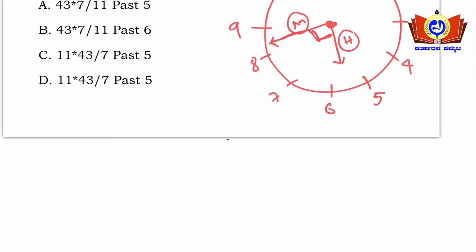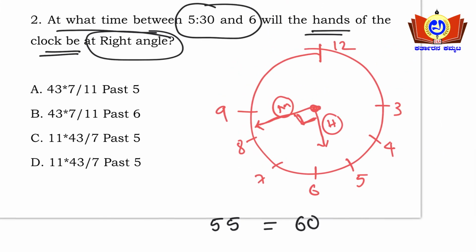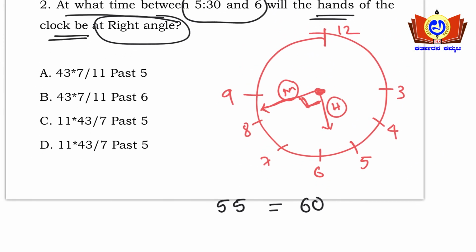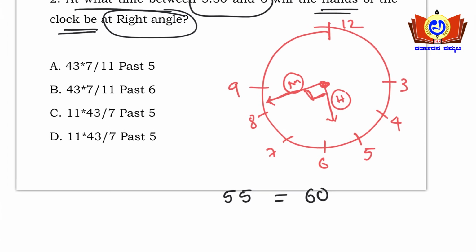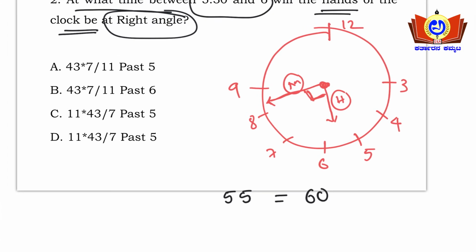The formula I know is 55 spaces are gained in 60 minutes. The question asks about the time between 5:30 and 6, so the minute hand should cross 8 spaces: 1, 2, 3, 4, 5, 6, 7, 8.